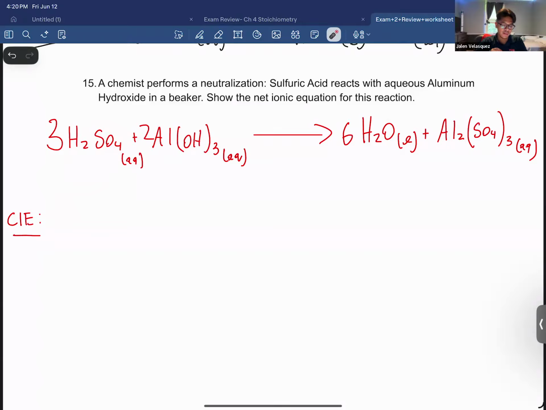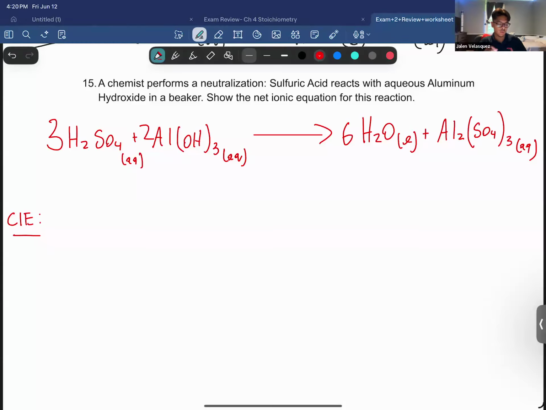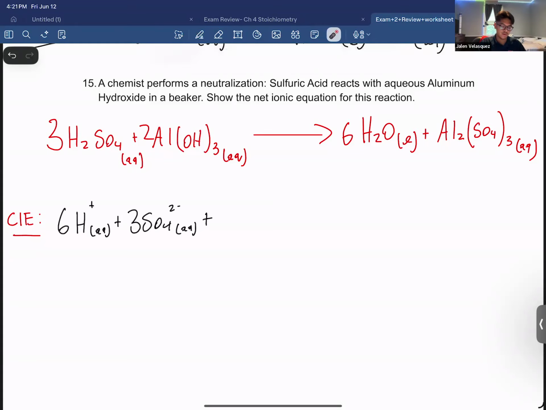Make sure you remember we have a coefficient and a subscript. So we're going to have 6H plus and 3 sulfate, right? So there's our strong acid ionized here.